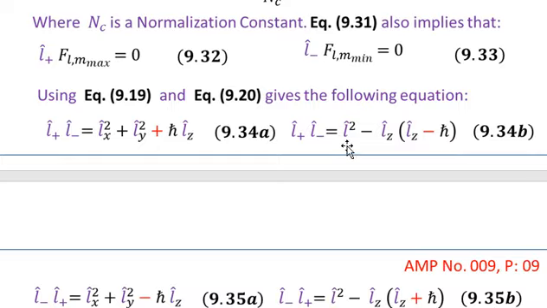You know that the left hand sides of equations 34A and 34B are the same. Of course, the right hand sides are also similar, but in 34A the right hand side is written in the form of Lx square plus Ly square, whereas in 34B the right hand side is written in the form of the L square operator. But of course, both are identical, interchangeable, and also interconvertible.